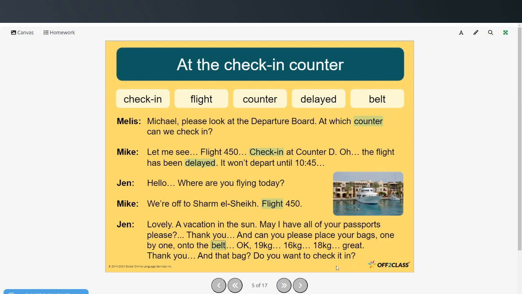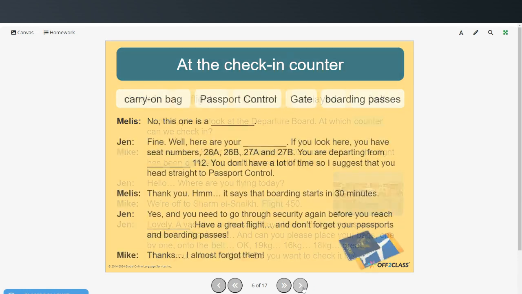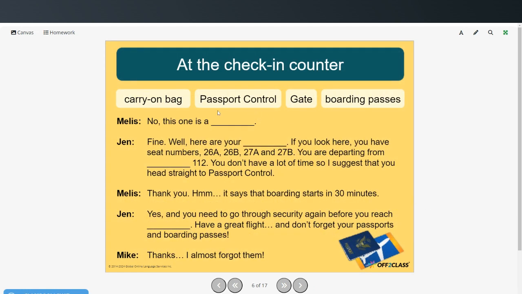Do you want to check it in? No, this one is a carry-on bag. Fine. Well, here are your boarding passes. If you look here, you have seat numbers 26A, 26B, 27A, and 27B.